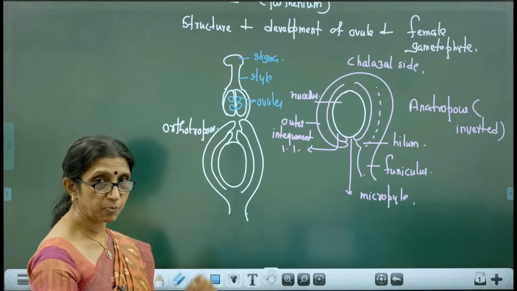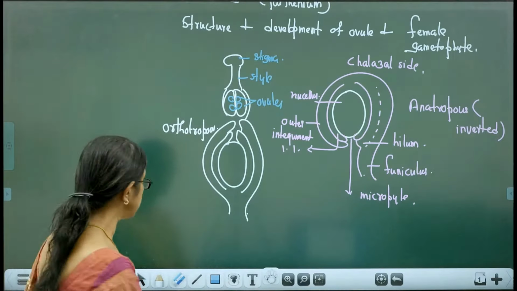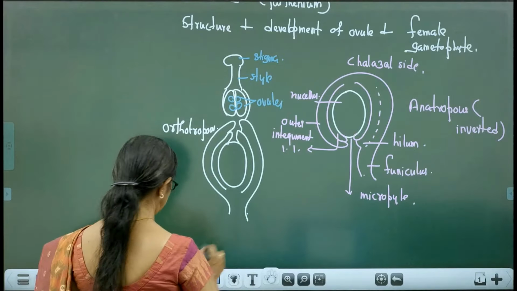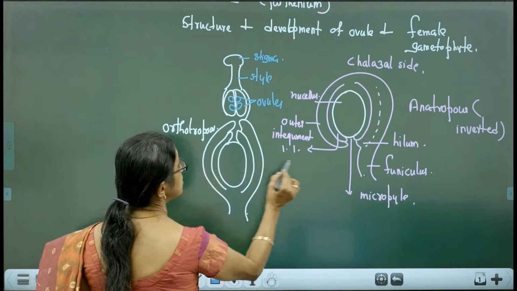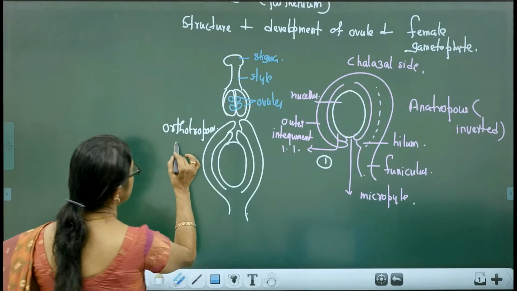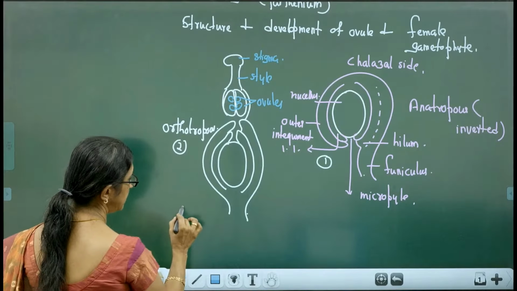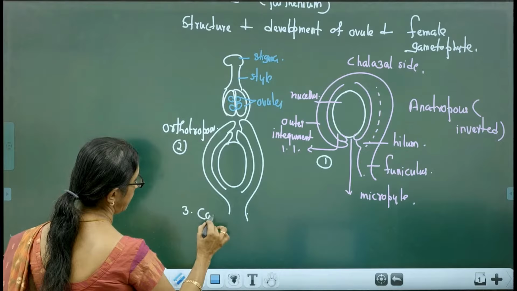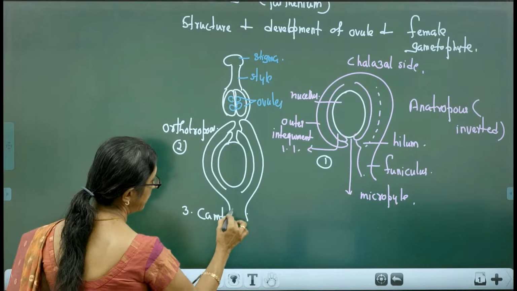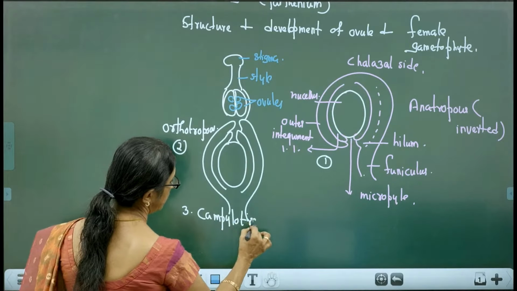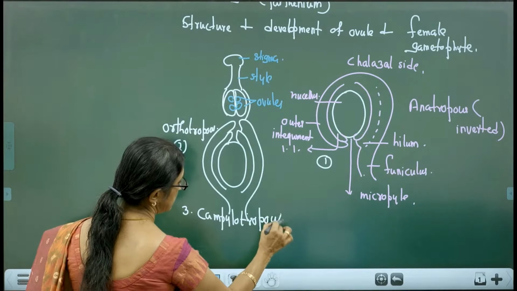So anatropous, orthotropous, then we can see campylotropous. This is the most common, the second type. The third is called campylotropous. That is the third type.